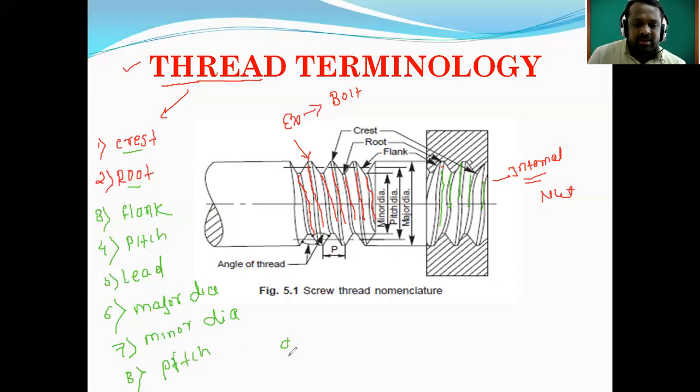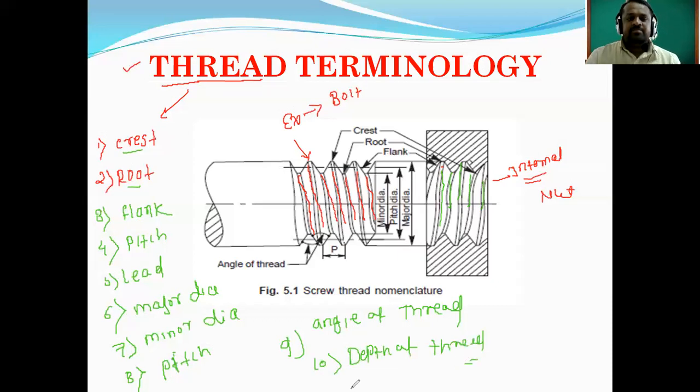Then the angle of thread, and the depth of thread.